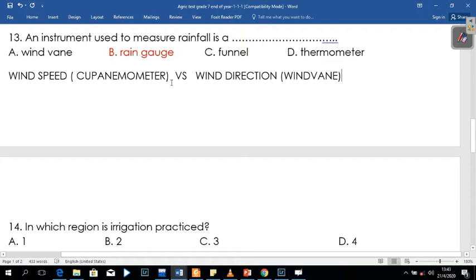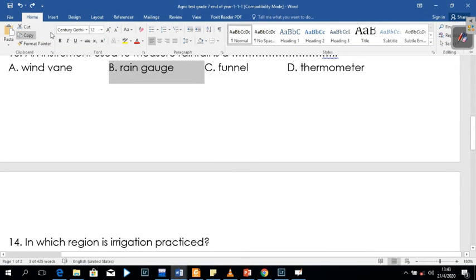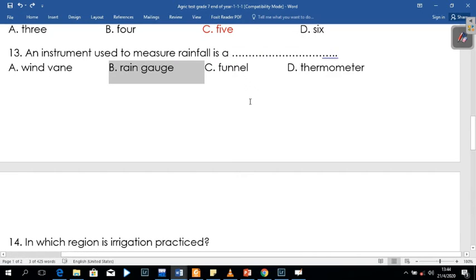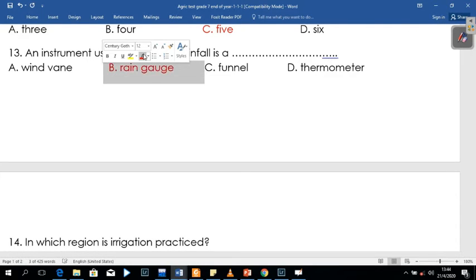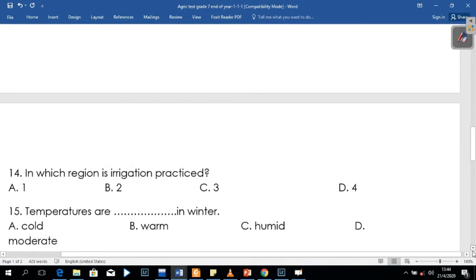I think it's clear now. So the correct answer here is rain gauge. Let me highlight it. Now proceed to the 14th question.